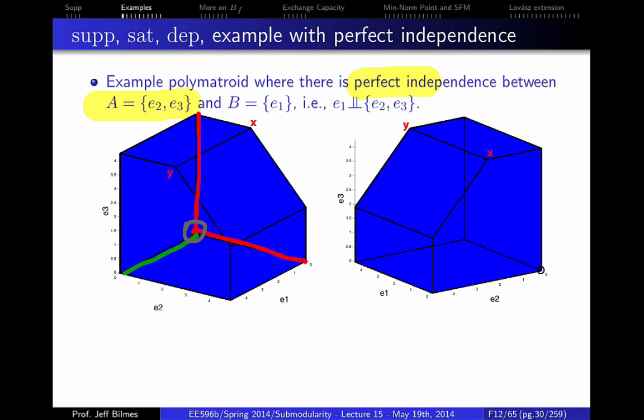So you can see, first of all, when you look at this first face, that there's perfect independence, all of this stuff here. It's a square, right? If you just look at the E1, E2 axis, it's a square, which is essentially what we said corresponded to perfect independence.